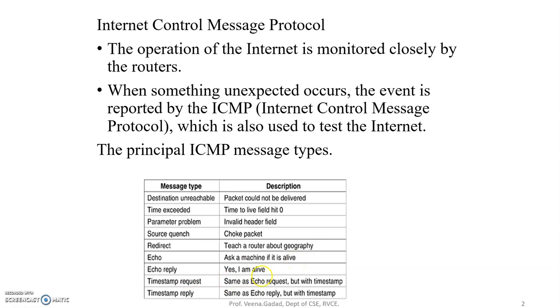Echo reply: the destination replies back to the sending host to tell that yes, I am alive and I am able to receive the messages. Timestamp request: in order to determine when the packet was created and when it was sent. So these are a few of the messages that are typically exchanged between the routers, as well as between the router and the host, in order to monitor the internet.